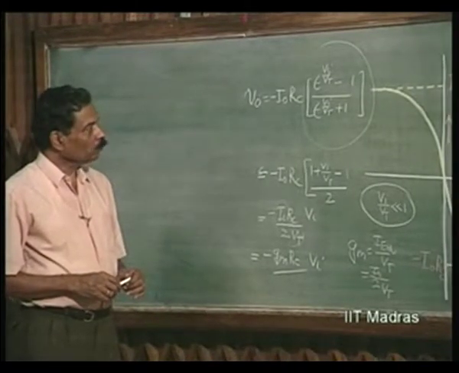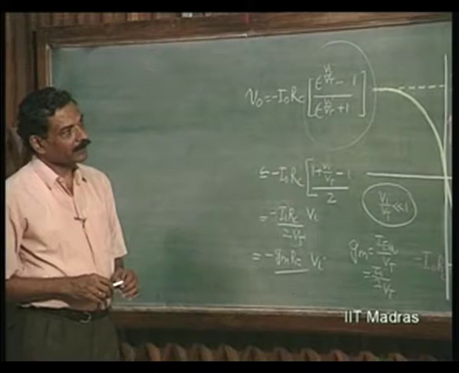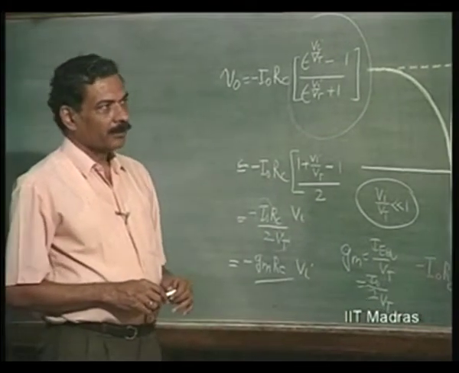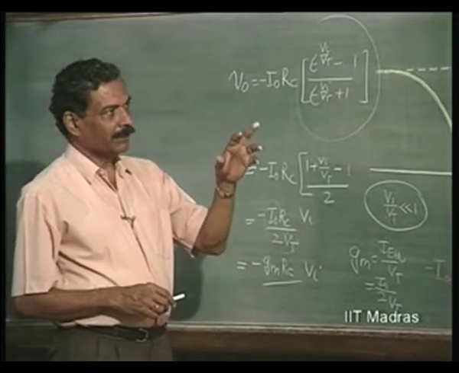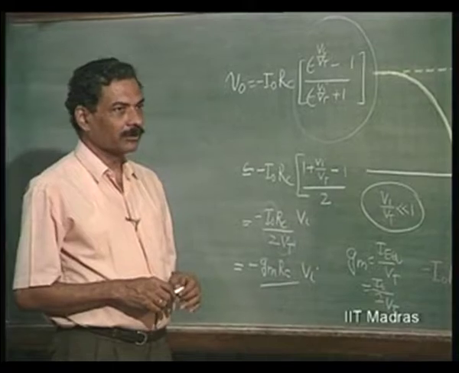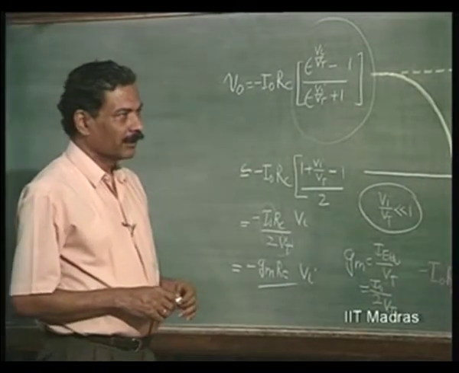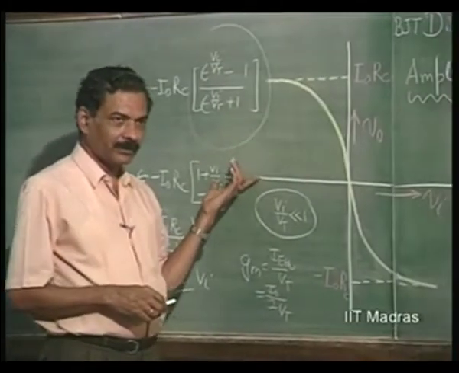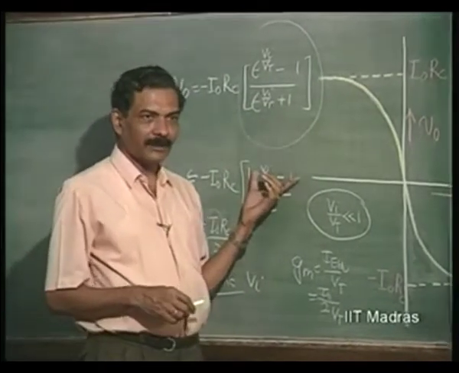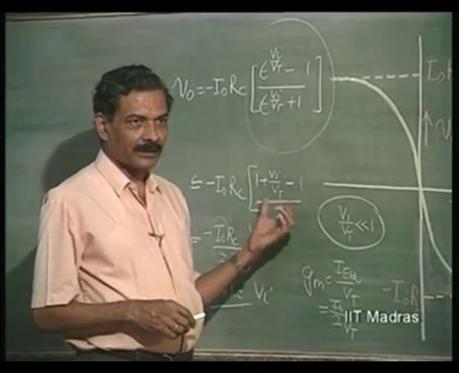Now, what is a hyperbolic tan function really speaking? Hyperbolic tan VI by 2 VT can also be expanded as what? Can you from this conclude what it is? Hyperbolic sine function by hyperbolic cos function, right?